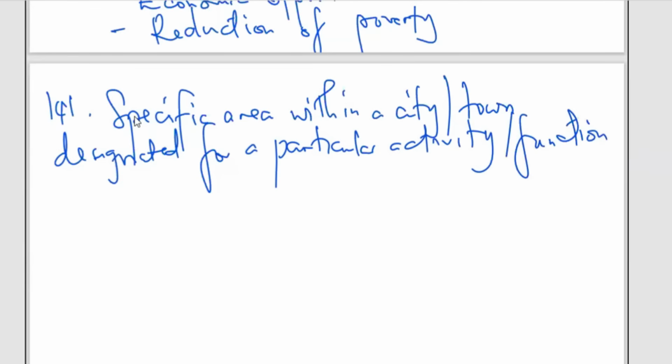That's a land use zone. We are saying it's a specific zone within the urban area where there is a designated special activity or special function that is supposed to be undertaken in that given area.